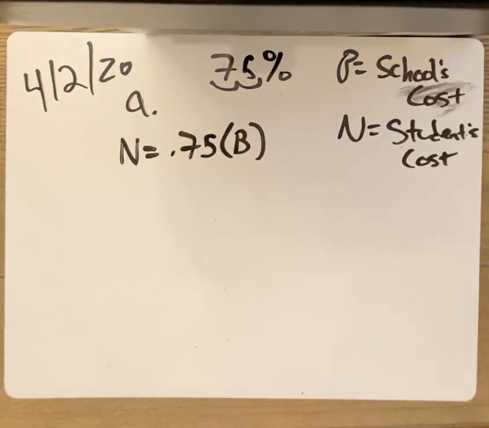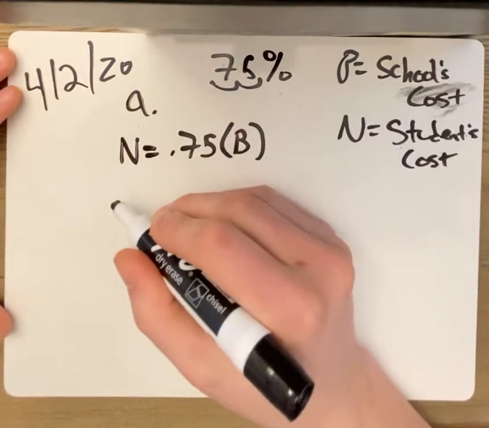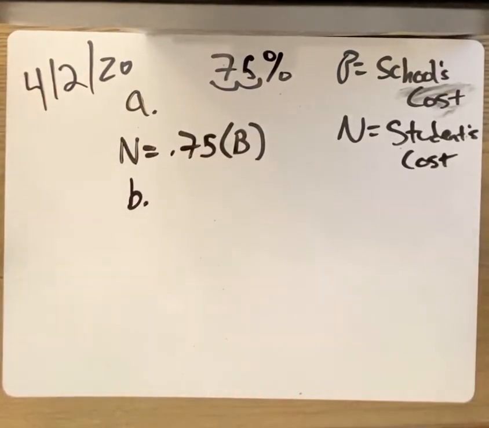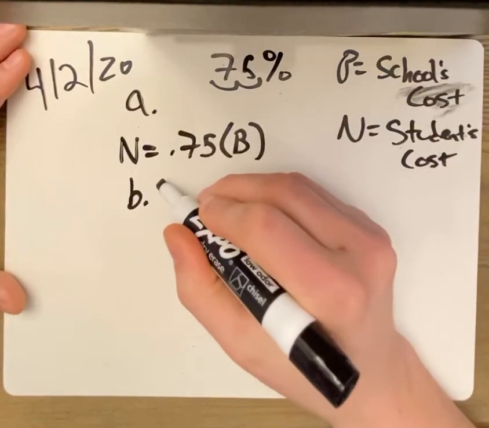Now, part B. What is the constant of proportionality? What does it mean in the context of the situation? This just means no matter what you're doing in the problem, what's the one aspect that's always going to be constant, always going to be the same? The constant of proportionality is 75%.